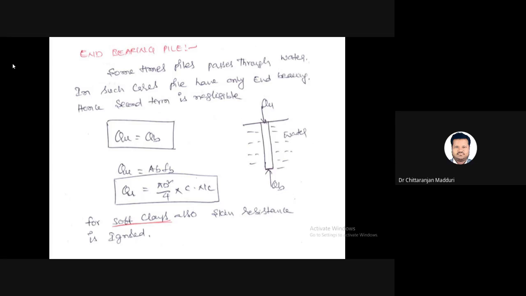In the case of soft clays also, skin resistance is negligible or ignored. So the ultimate load carrying capacity of the pile is equal to the end bearing resistance, which is the area of the pile at the bottom into the bearing capacity at the bottom. So for soft clays also, skin resistance is ignored.